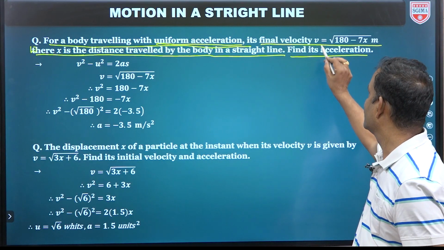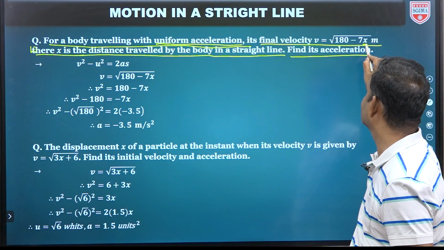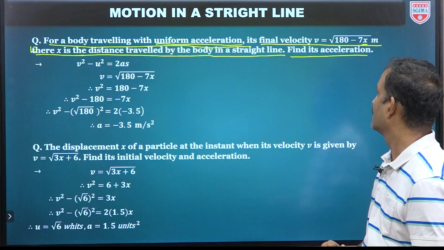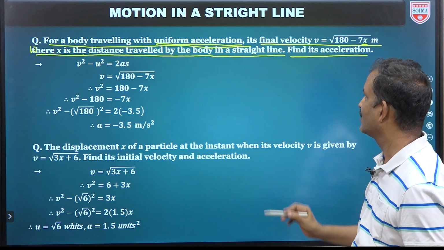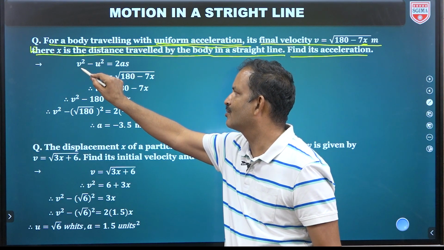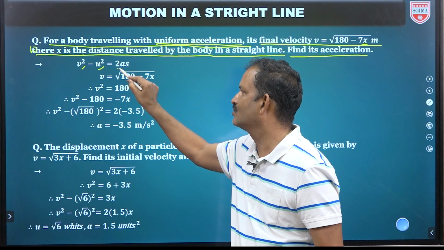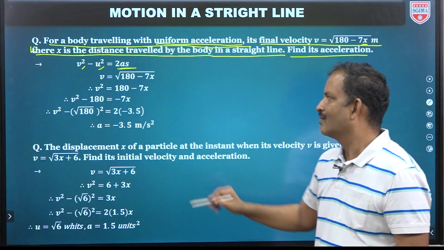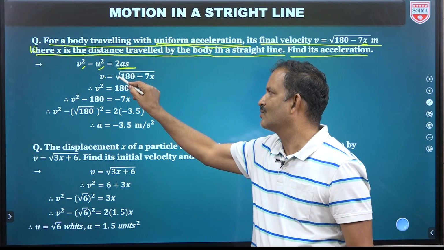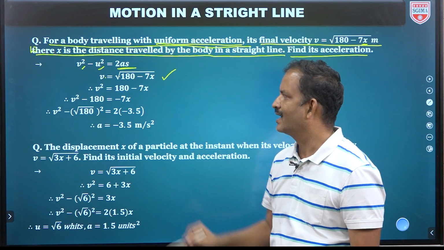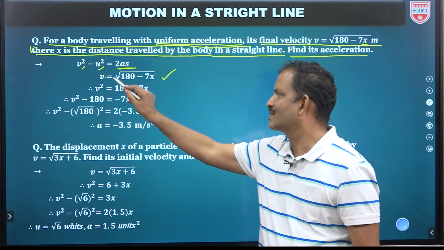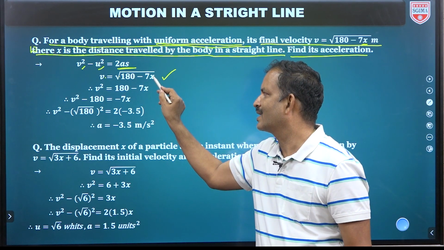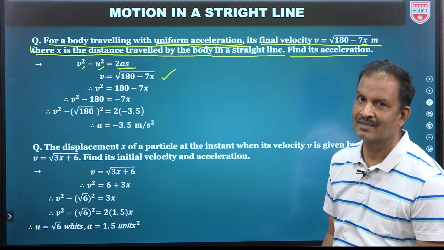We know this is V, displacement. So, V and displacement are given, we know one formula, V square minus U square is equal to 2AS. But they gave that V is equal to root 180 minus 7x. I am squaring this one, V square is equal to 180 minus 7x.